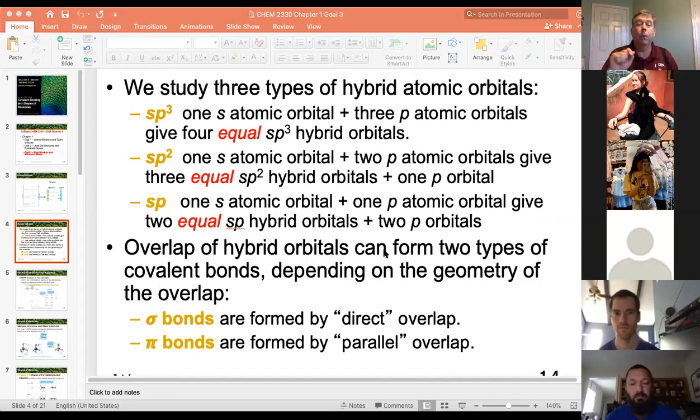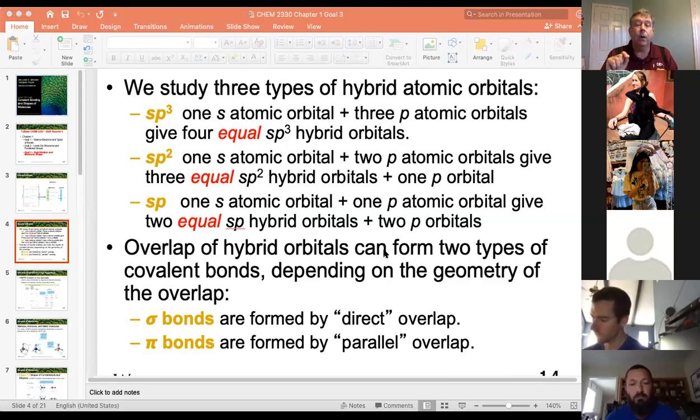When we have sp2 hybridized, we take the s and 2 of those p's, meaning we're going to have 3 equal sp2 hybridized orbitals plus a p orbital. It's going to bond a different way. And when we only have 1 s and 1 p blended to give us 2 equal orbitals, those are going to bond in a certain configuration, and we'll have 2 p orbitals left to bond in a different configuration.